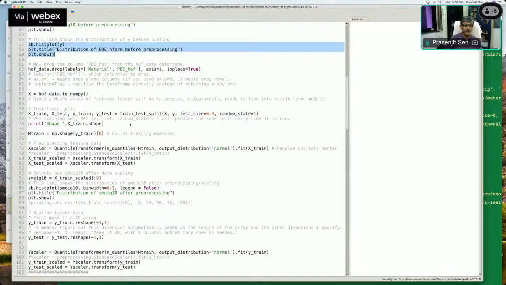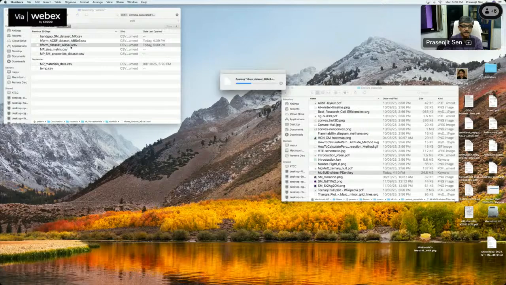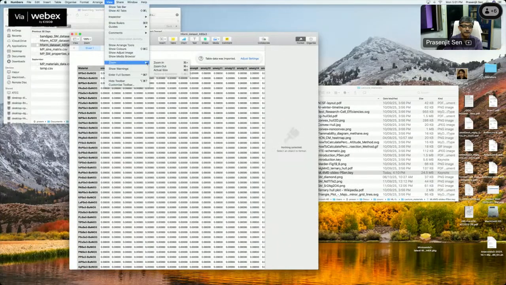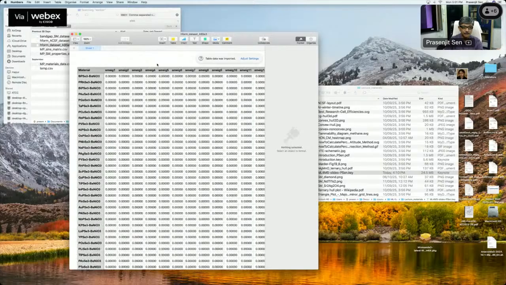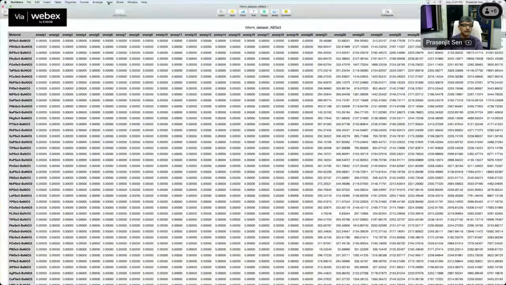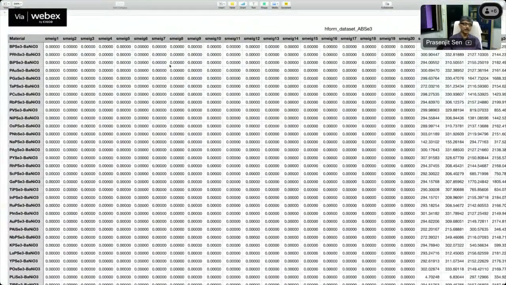Now, if I can go back to that, this is the data set that we had. The first column you see is with the header materials. These are material names.